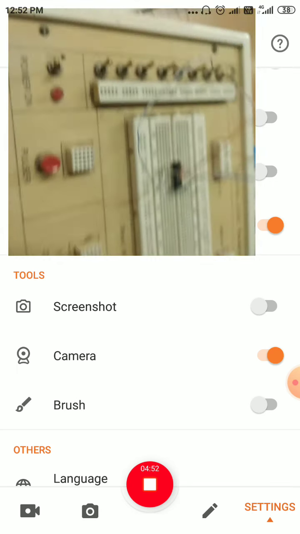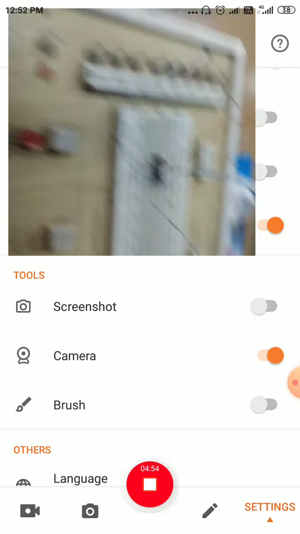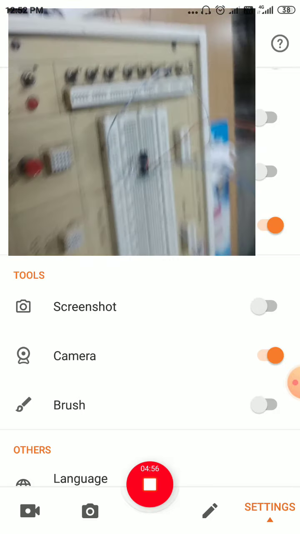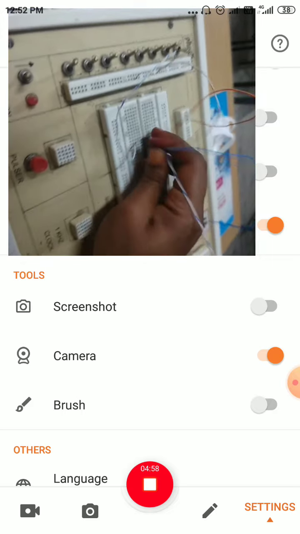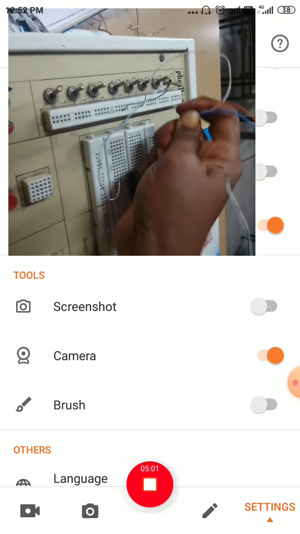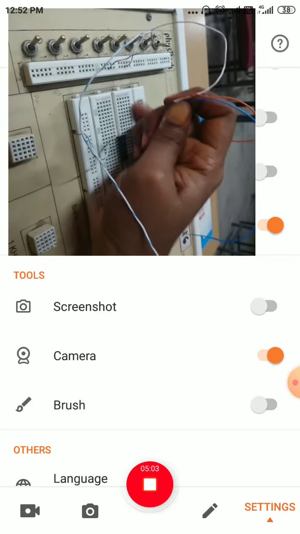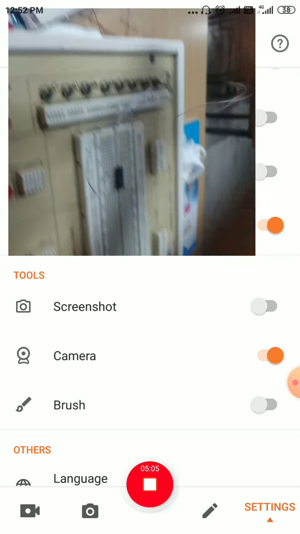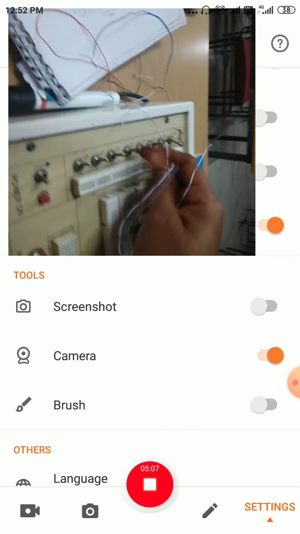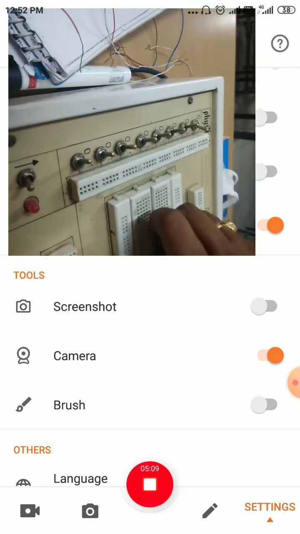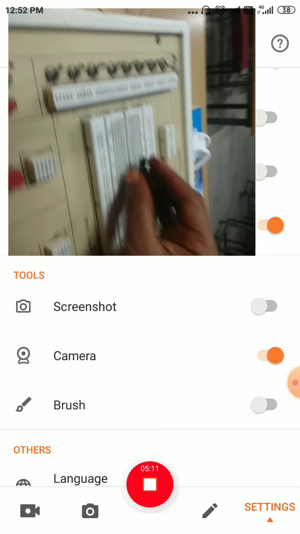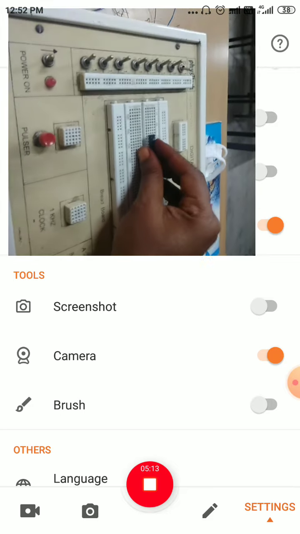Now I am going to explain how to connect on the breadboard. First keep the IC on the breadboard.